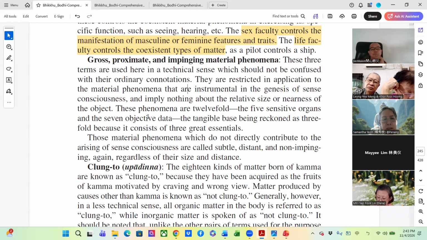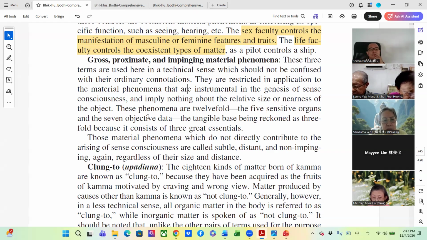These phenomena are twelvefold. The five sensitive organs, the seven objective data, the tangible base being reckoned as threefold because it consists of three great essentials.